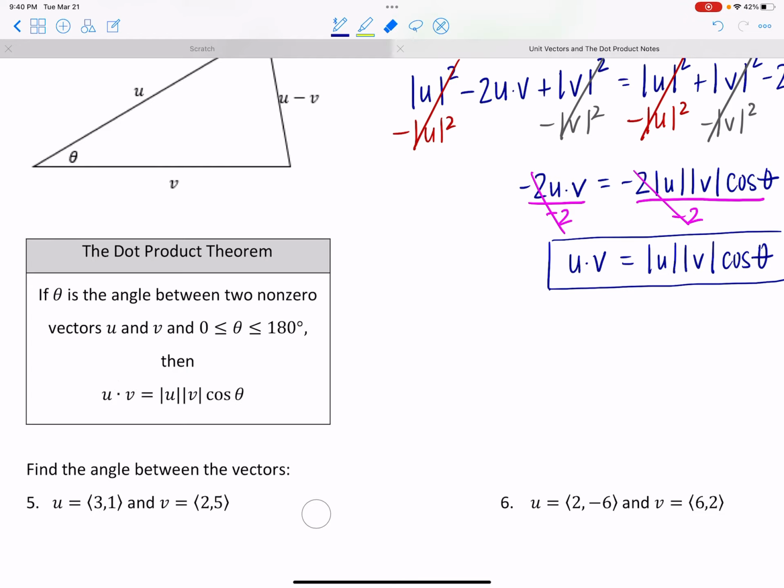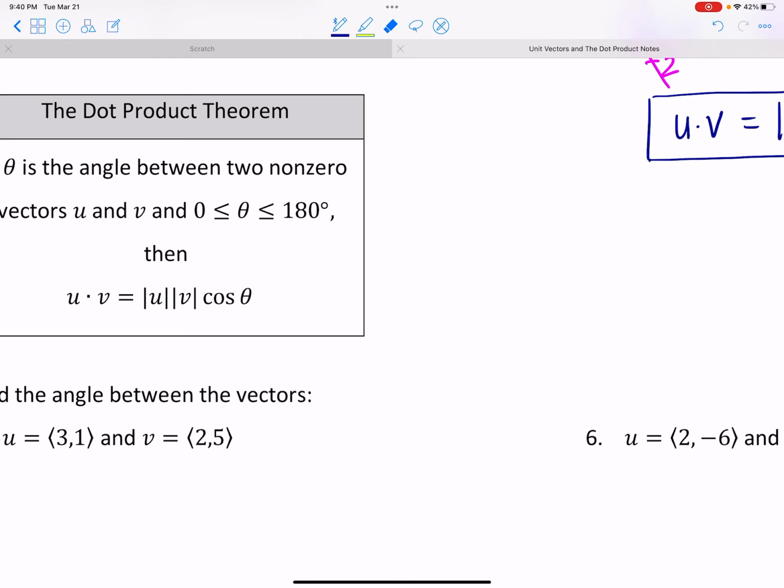But again, to make this even more clear, if I wanted to solve for the angle, let's just say the cosine of the angle, it's being multiplied by these two magnitudes. So I could divide them over and give another version of this formula. So this leads me to say that the cosine of my angle would be equal to u dot v divided by the magnitude of u and the magnitude of v.